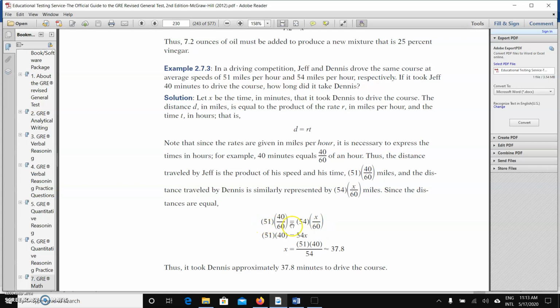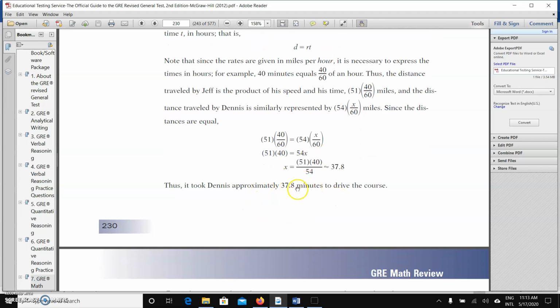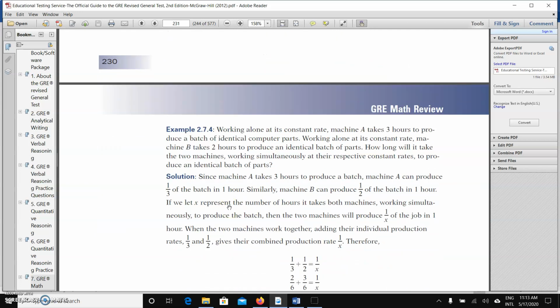Multiply through by 60, I keep 51 times 40 equals 54x. Divide through by 54, we have 51 times 40 over 54. Then you get 3.78. So this answer is most likely the one you put in the box because of the decimal.